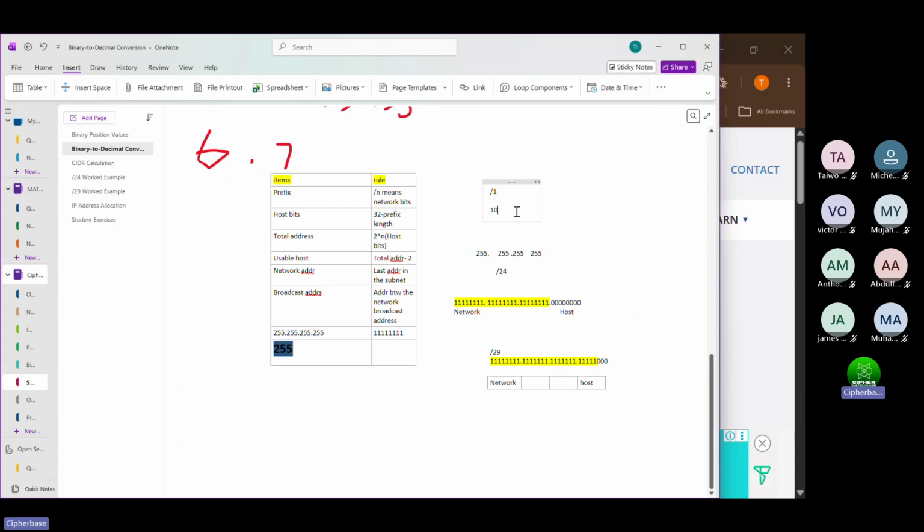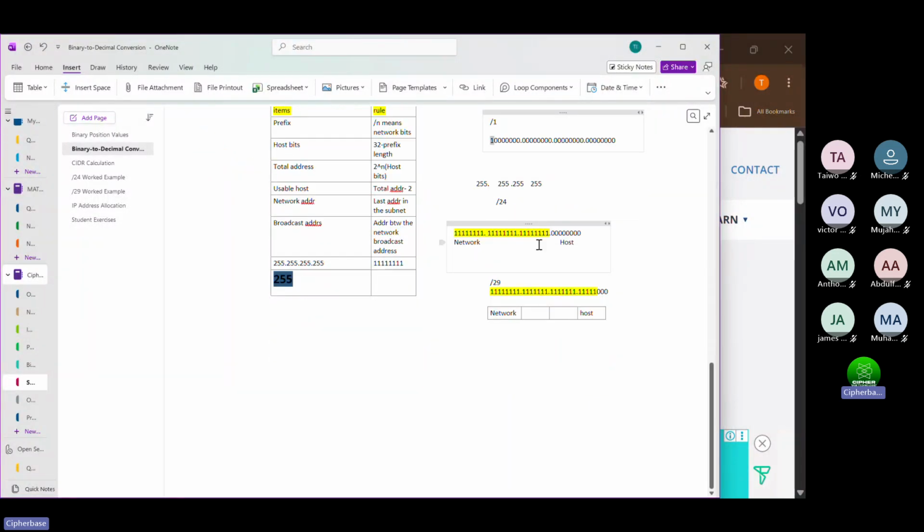That's 1 to 8 dot 1 to 8 dot 1 to 8 dot 1 to 8. So it's only this one that is network, while the remaining 0s are for the host. We understand what the host address is all about, but I want us to understand how to calculate this first.